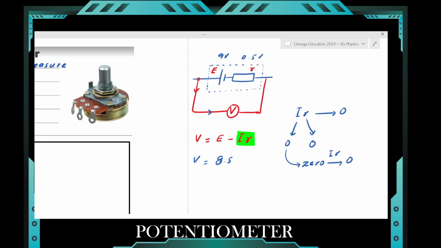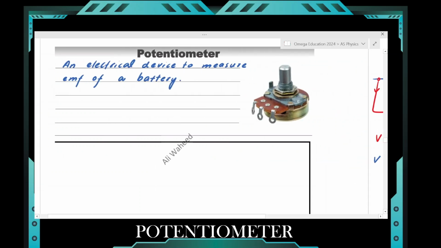And that kind of condition, when no current flows through the internal resistance of the source, the battery for which we need to find the potential, for which we need to find the EMF, in that case, we say the potentiometer is balanced. But we'll explain each of these pointers in the examples and the sample questions.